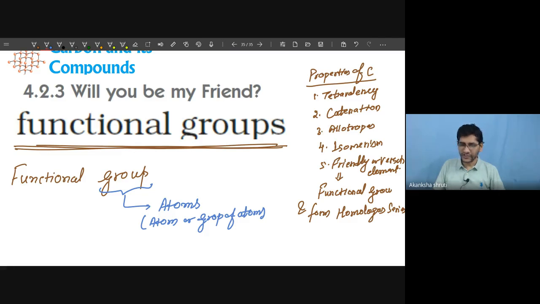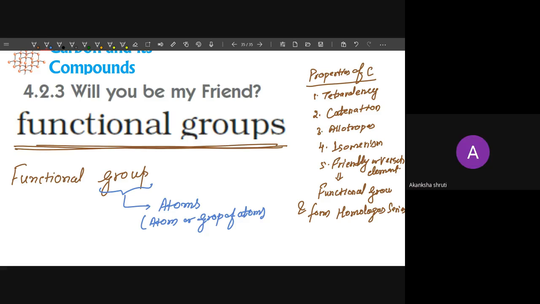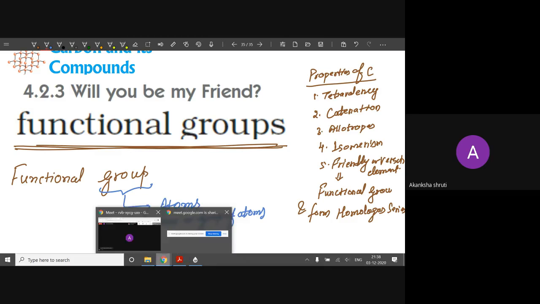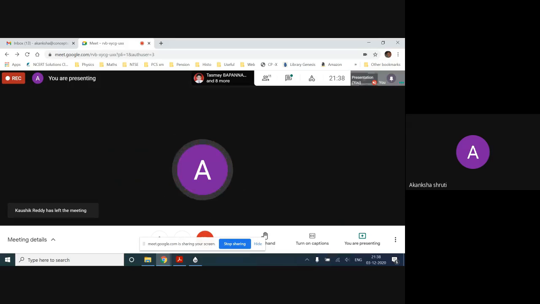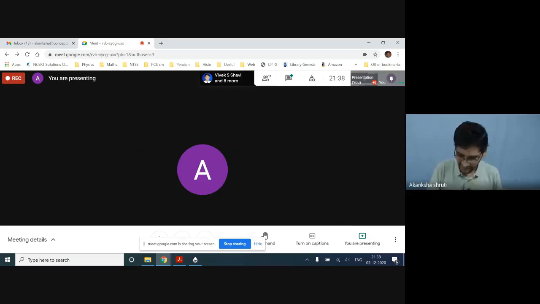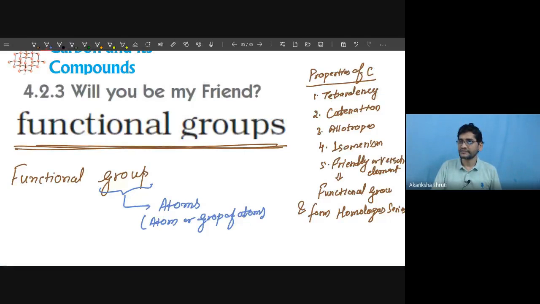In chemistry, the term group always means a group of atoms. It is nothing but a group of atoms or a single atom.